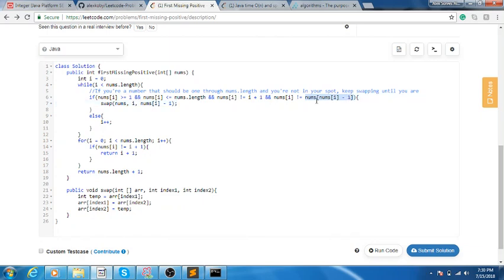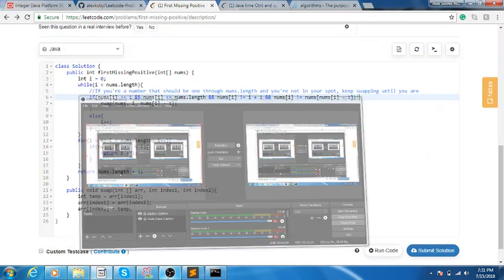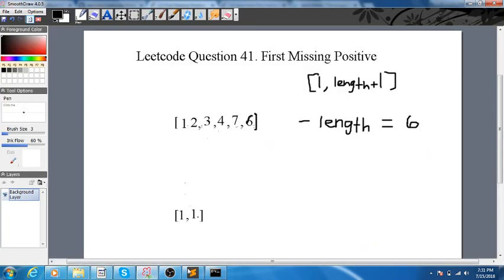So basically we're checking if our first number is not equal to the number we're swapping with. If they are equal, we don't want to swap, just like the example I showed you here. We don't want to keep swapping those two because you'll swap them infinitely.